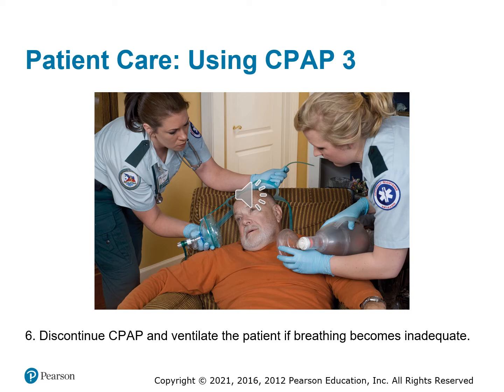They have removed the CPAP and they have the bag valve mask they're going to begin to use. I'm going to tell you, if you're going to use a bag valve mask, this is going to be a really difficult position to try to open that airway and do it properly. So let's get the patient on the floor or on the cot quickly so that we have proper angulation and we're able to open that airway without too much difficulty.